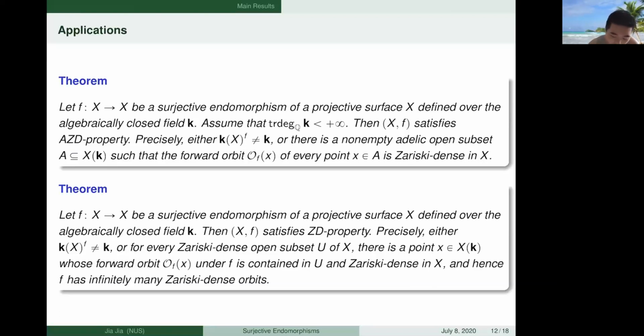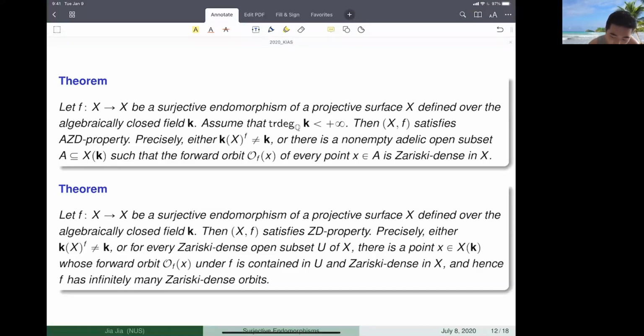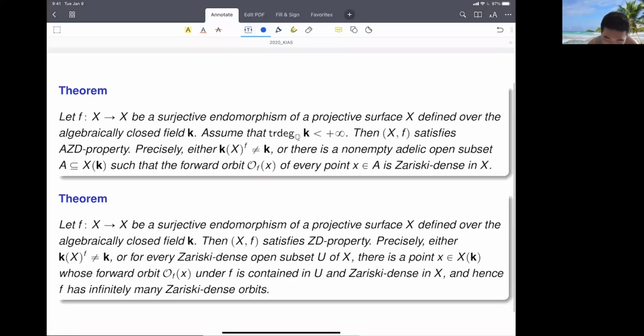If F is an isomorphism, then we can take the resolution of this X. Since F is an isomorphism, sorry.